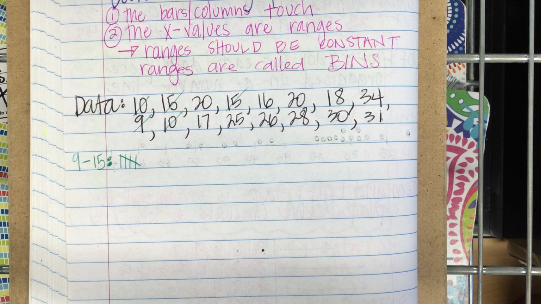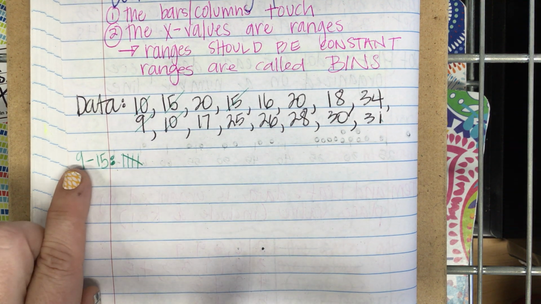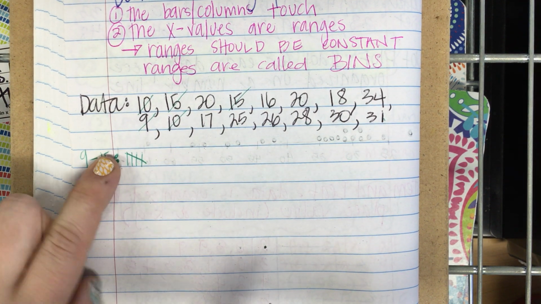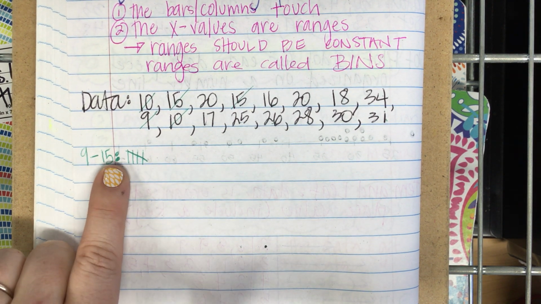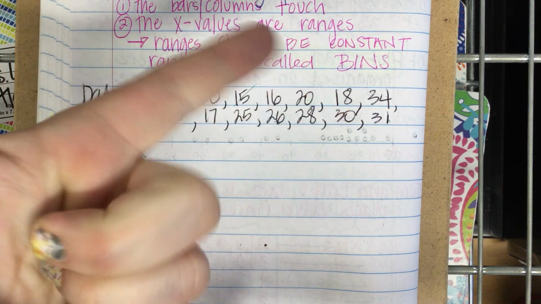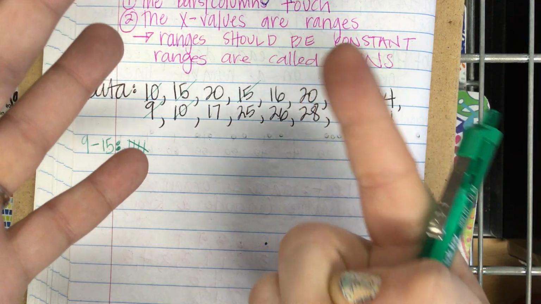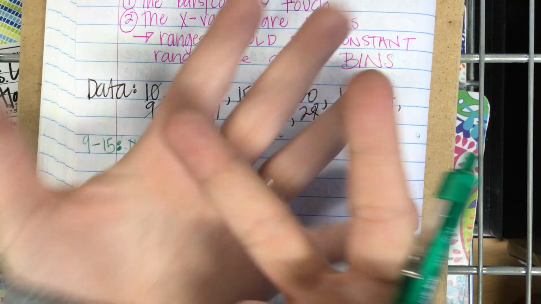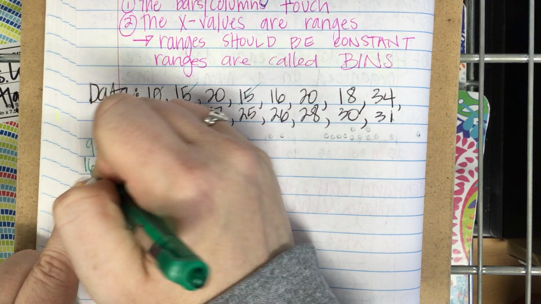Now let's count how many data values, or how many elements, what's the quantity from 9 to 15. So you can't just say, oh, I'll subtract, because you have to count the number 9 and you have to count the number 15. So 9, 10, 11, 12, 13, 14, 15. There are 7 values in here. So my next one is going to be 16.